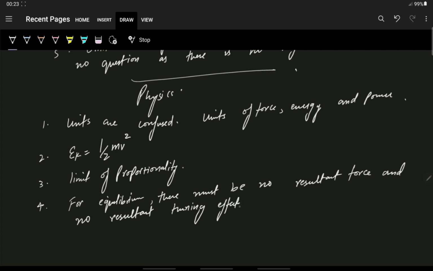Usually the students forget about the second requirement and do not mention it. So you should know about both of these aspects.